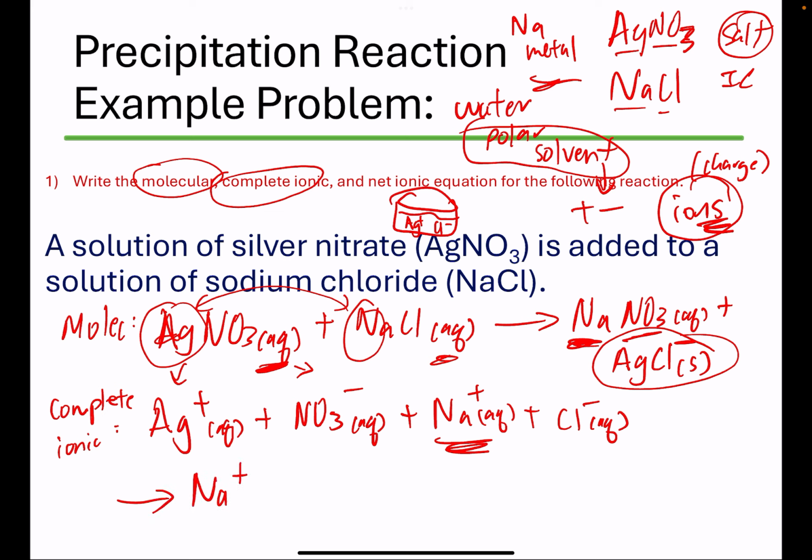Again, Na+ aqueous plus NO3- aqueous. And lastly, we're going to have our silver chloride in its own solid form. Because they are all bound together to form a solid, they're not ions and they're not in the water.